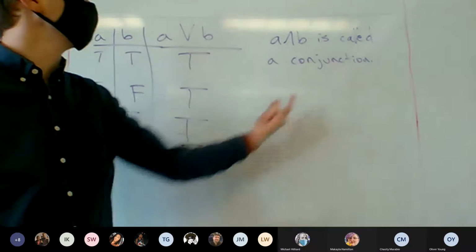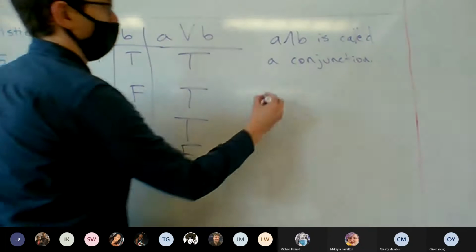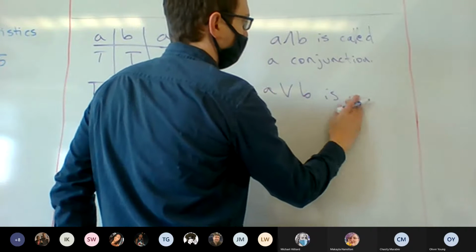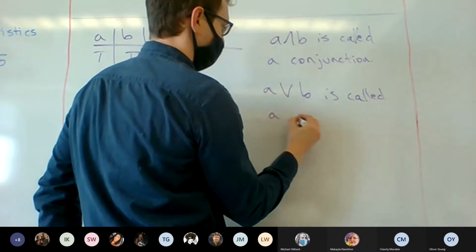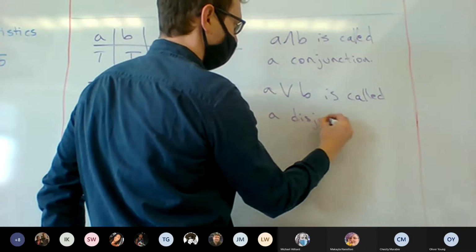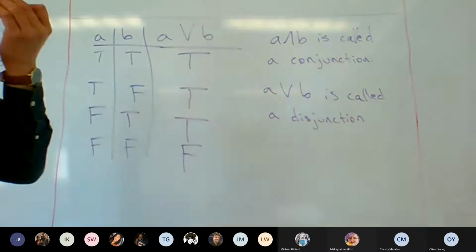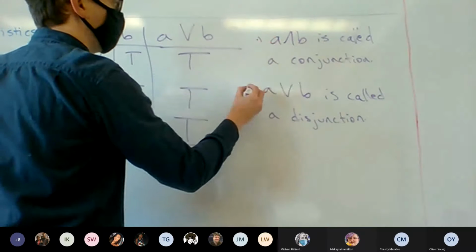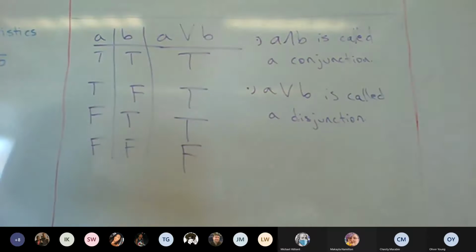Okay, and what's the fancy new vocabulary word for this statement? A or B is called a disjunction. A disjunction.